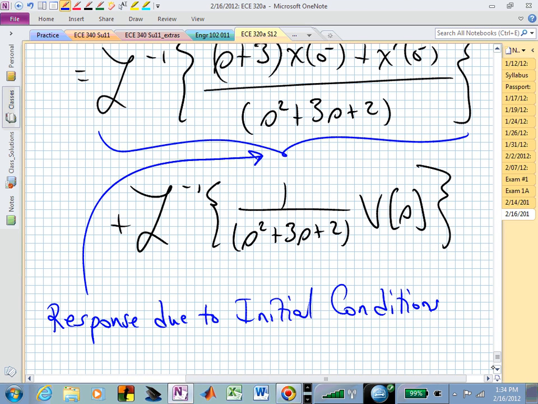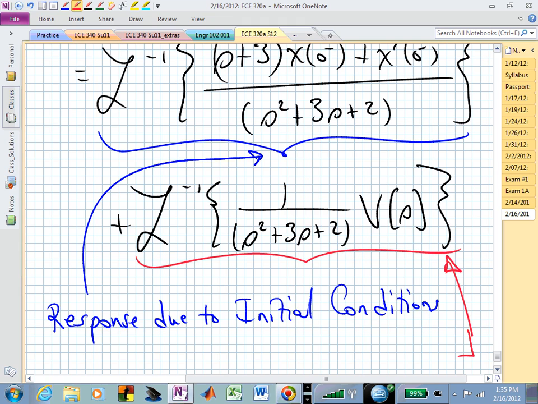And because of the linearity properties of the Laplace transform, we could actually find those independent of this one, which this piece is going to be the response due to our excitation source. V of t was just the input.